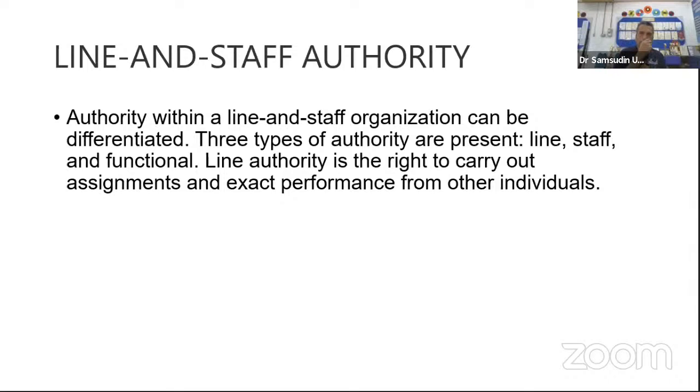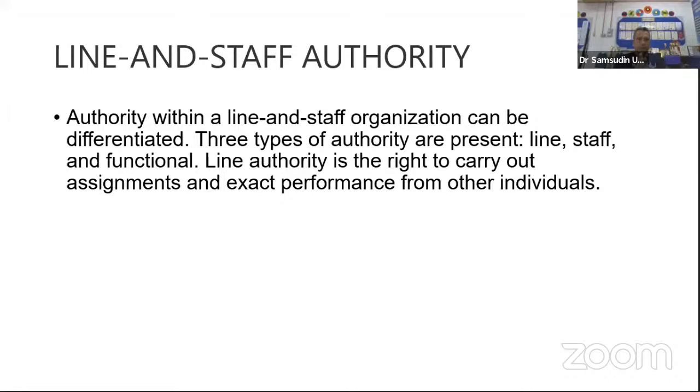And then there is a power between the chief clerk and the general clerk. There's an authority also. Authority is like a power. However, line authority is the right to carry out the assignment and exact performance from other individuals.